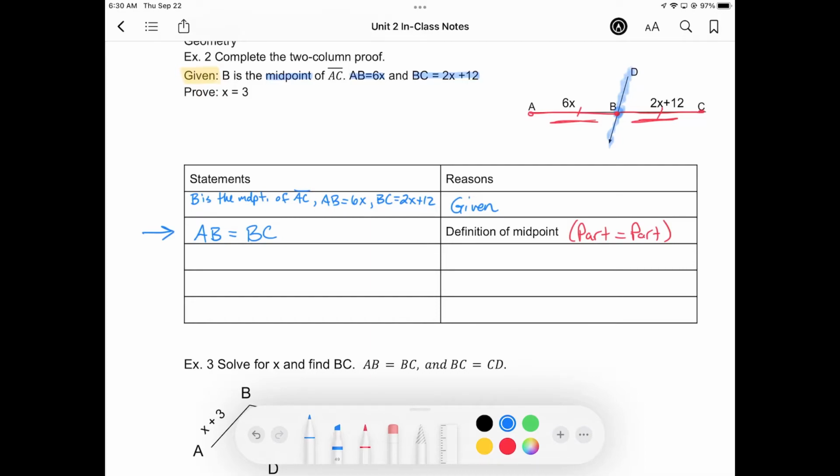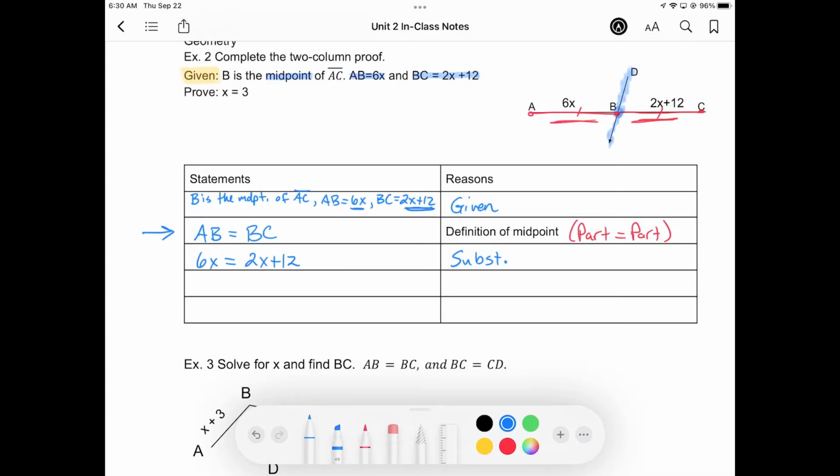Then we can substitute in 6x for AB and 2x plus 12 for BC. And now I have an equation that I can solve like last time. I want you to pause the video here so that you can try and finish this problem on your own. When you are ready to continue, click play and you can see what the answer should be.